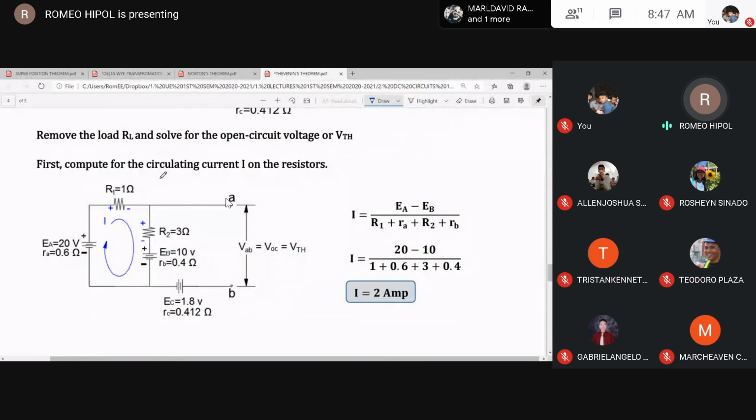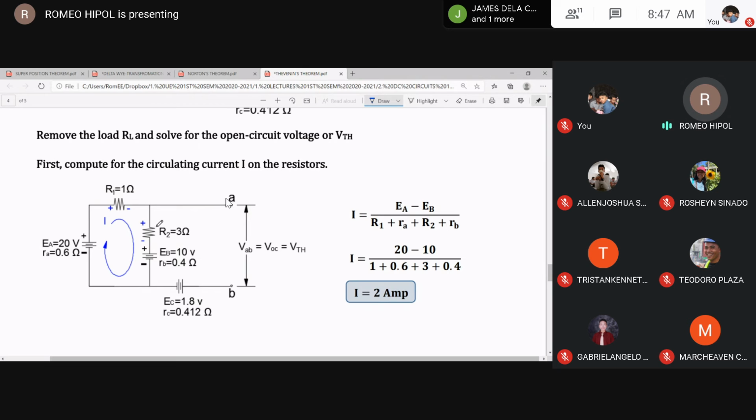Okay, compute first for the circulating current I on the resistor. So actually, kino-compute natin tong current kasi when we apply the Thevenin's voltage, kailangan merong current na dumaloy sa R2 dahil meron tayong close circuit dito. Naintindihan? Kasi kung hindi nyo i-compute yung current dito, magkakaroon tayo ng problema sa KVL.